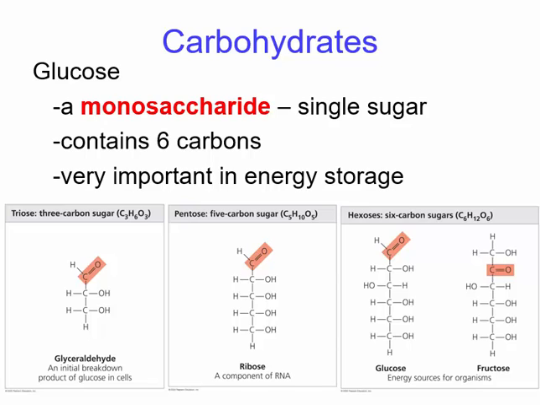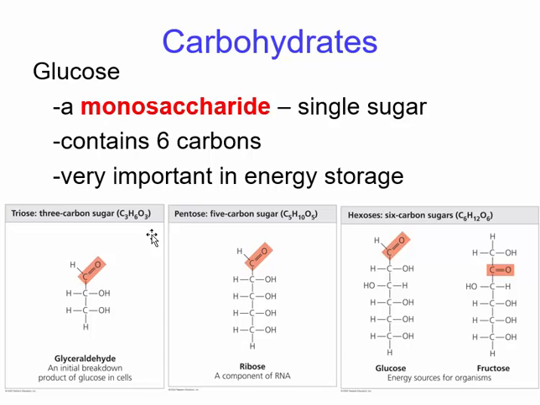All right, a few examples of carbohydrates are here. Glucose is one of the focal carbohydrates for an intro biology class. Glucose is a monosaccharide. The saccharide refers to the sugar, carbohydrate. Mono means 1, so it's a single sugar. So glucose we see over here. It contains 6 carbons, but note, there are other sugars, like ribose with 5 carbons, or glyceraldehyde with 3 carbons.